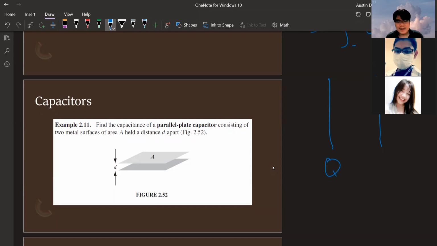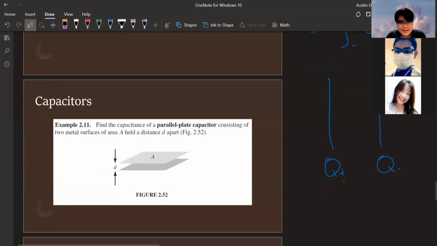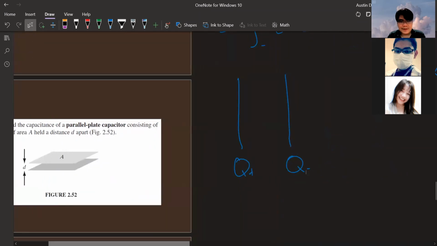Kunwari, meron tayong dalawang plate, 2 metal surfaces, then meron silang charges Q and Q minus. Okay, so what is the capacitance of this system? Tapos ito ay separated with distance D.